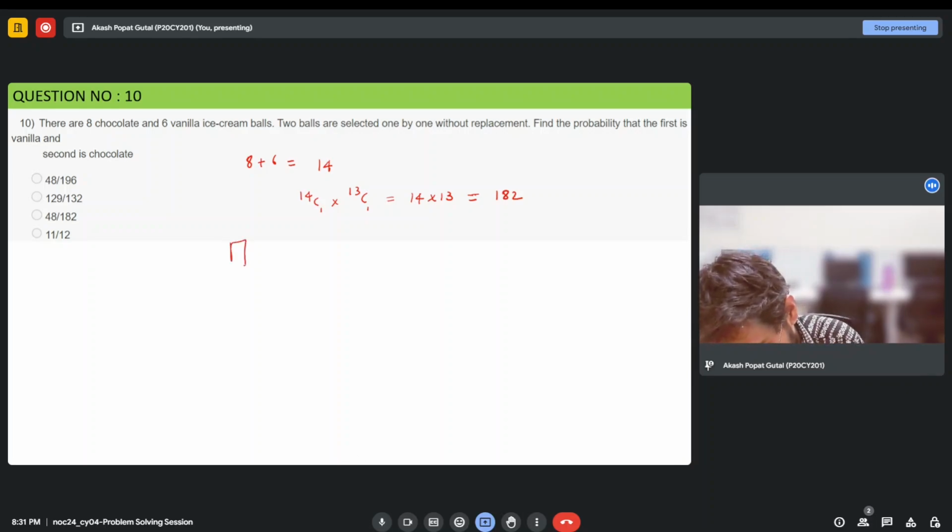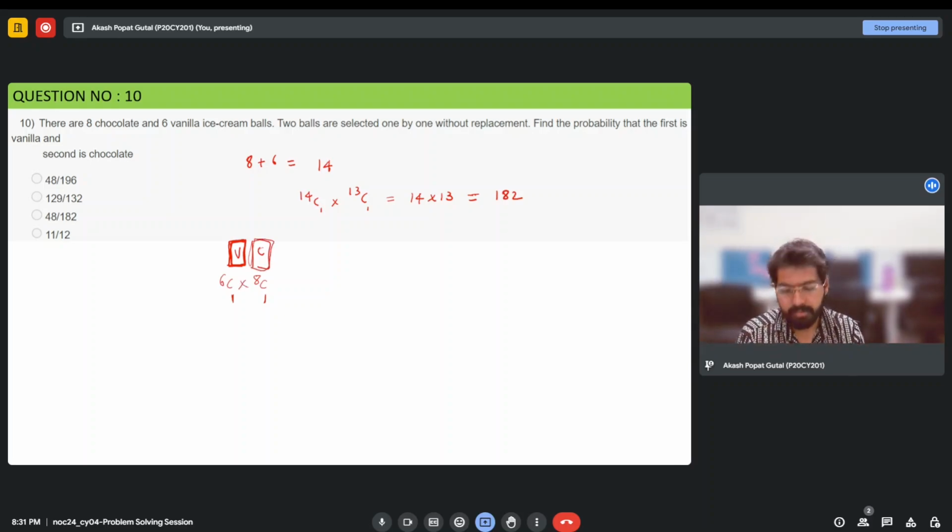So the first is vanilla, which we will get as 6C1, and the second is chocolate, 8C1. The total number of favorable combinations will be 6 times 8, which is 48.